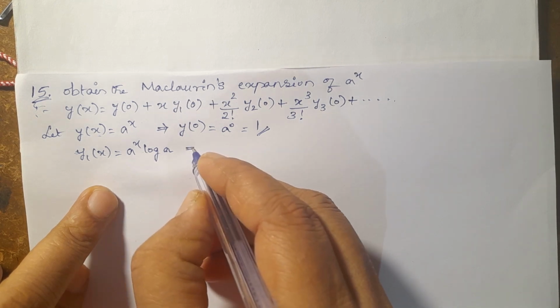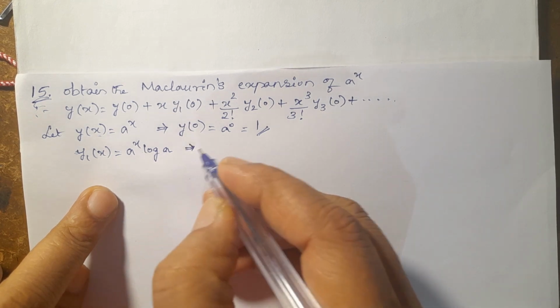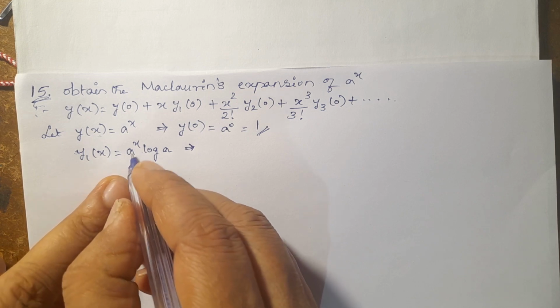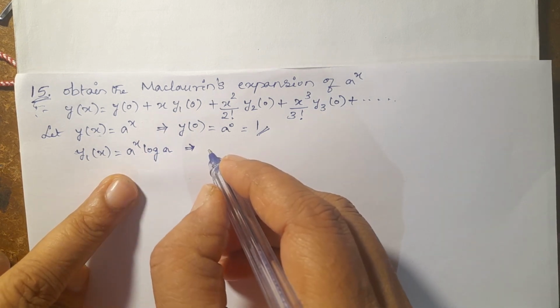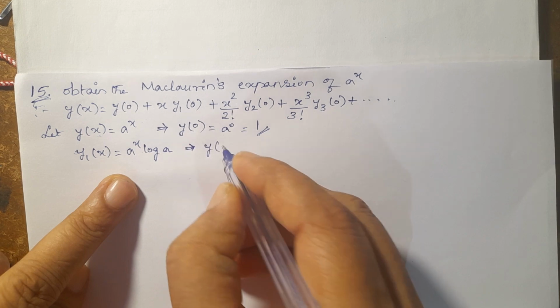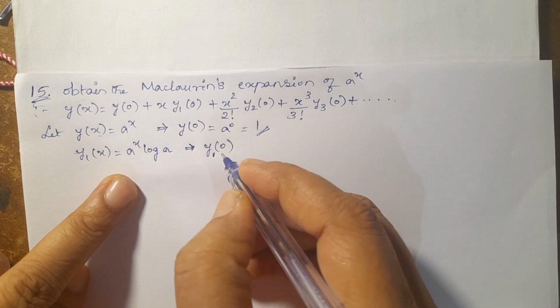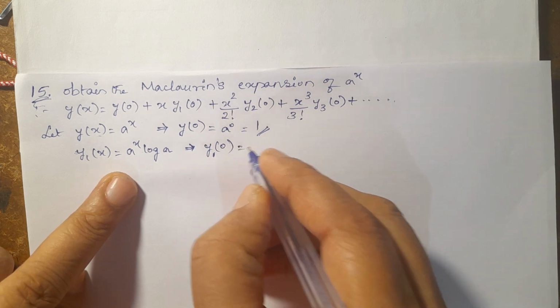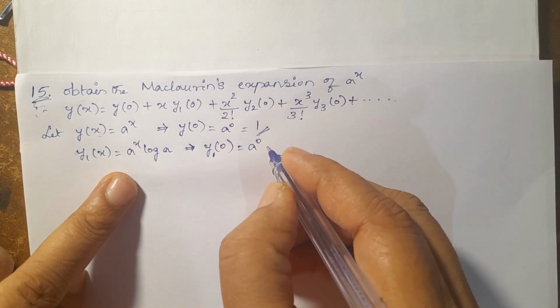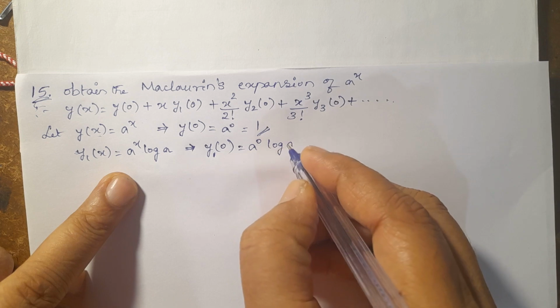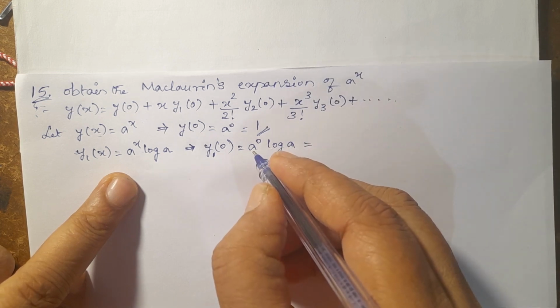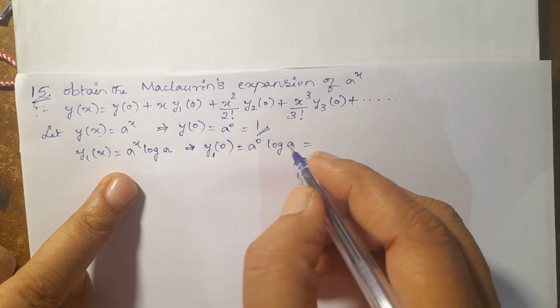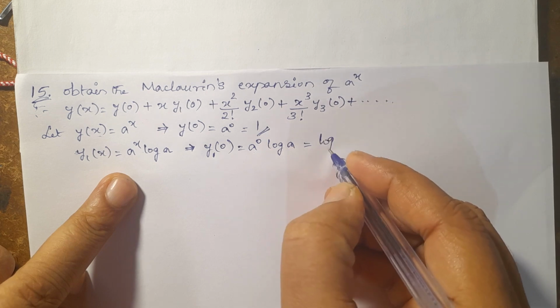So y1 of 0, at x equal to 0, equal to a power of 0 into log a. Any value power of 0 is 1. 1 into log a is log a.